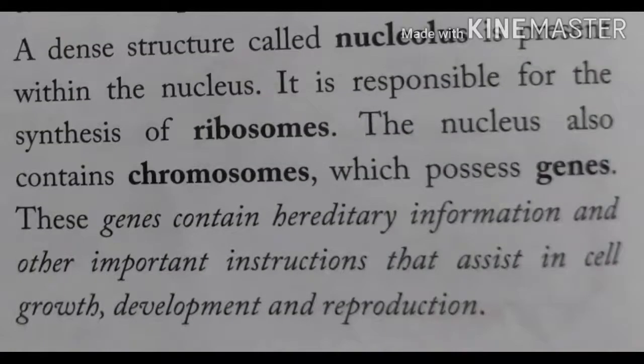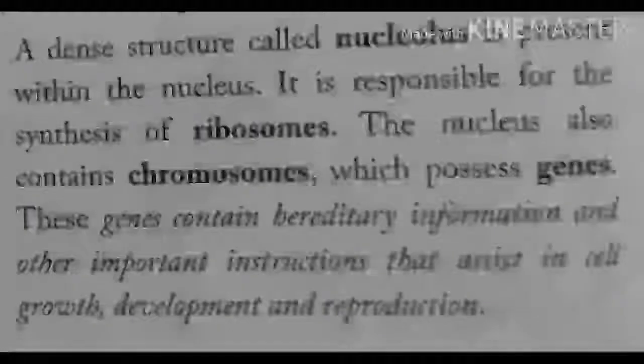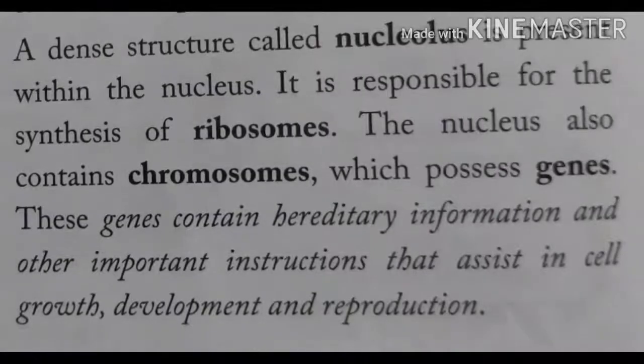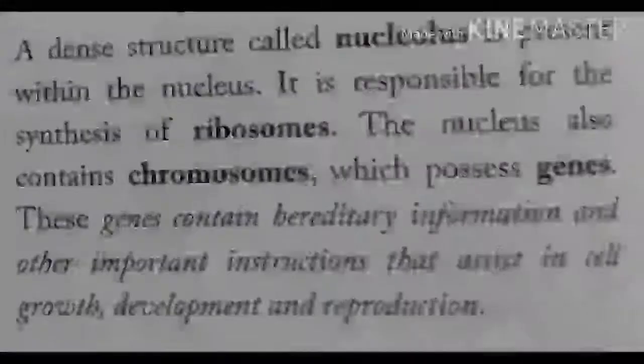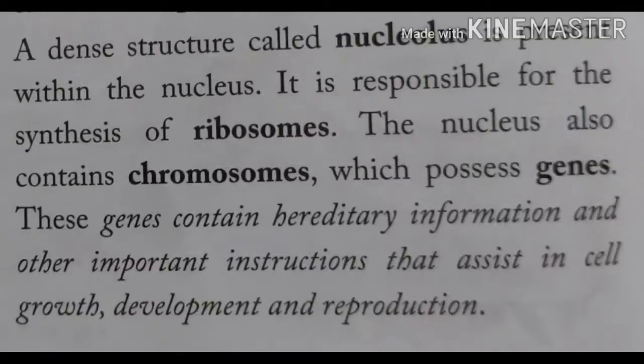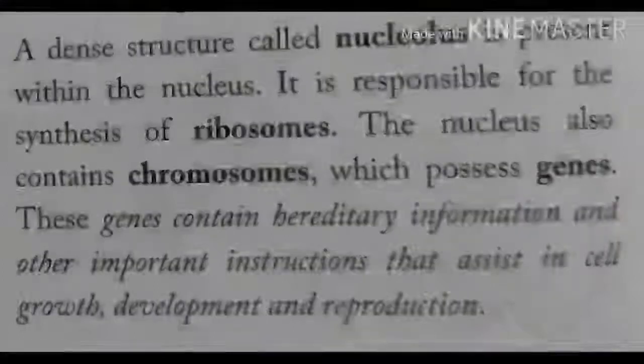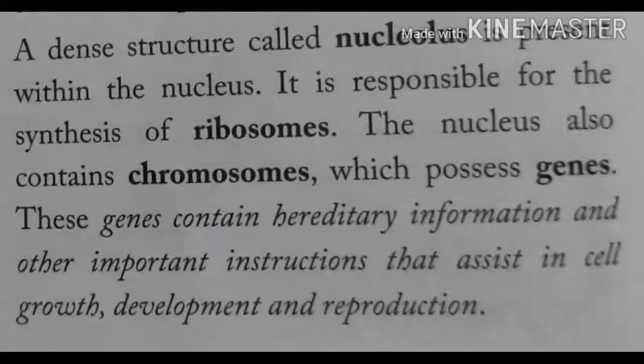Here the dense structure is called nucleolus, present within the nucleus, and it is responsible for the synthesis of ribosomes, and the nucleus also contains chromosomes which possess genes. That genes contain hereditary information and other important instructions that assist in cell growth, development and reproduction. The dense structure called nucleolus is present within the nucleus, and it is responsible for the synthesis of ribosomes.